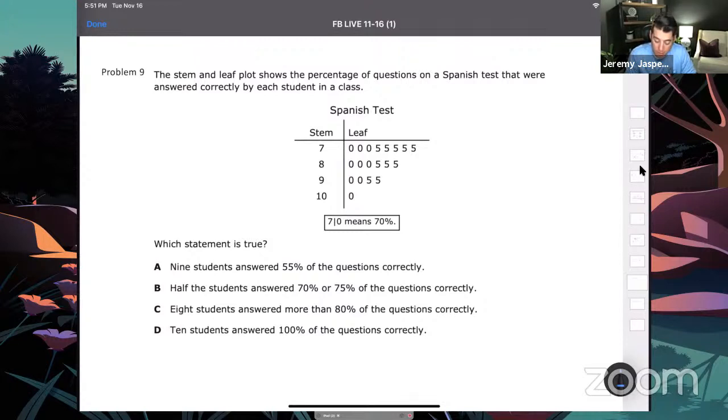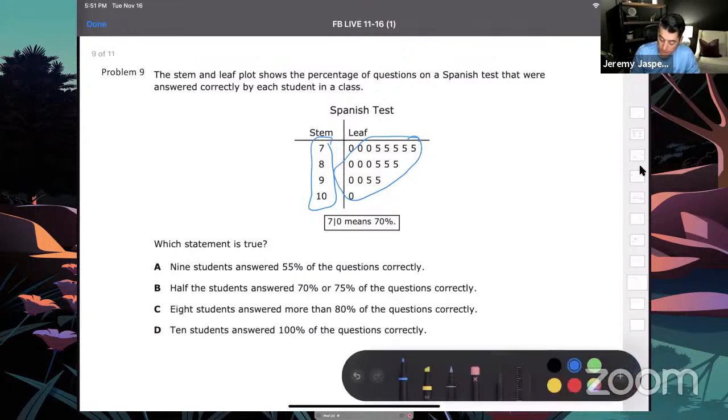So let's just quickly go over what a stem and leaf plot is. On the left is the stem, and we've got these numbers here, 7, 8, 9, 10. The leaves are on the right side, and you'll see there are multiple numbers and also lots of the same numbers repeating themselves. How can we have these repeat themselves?